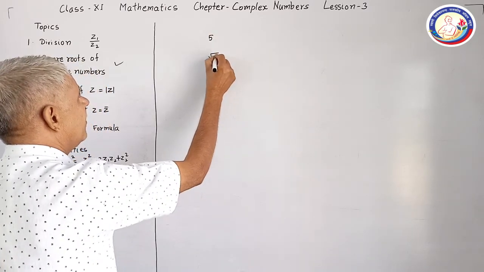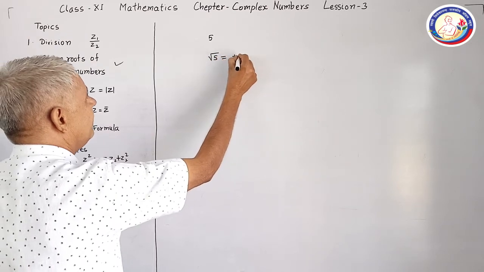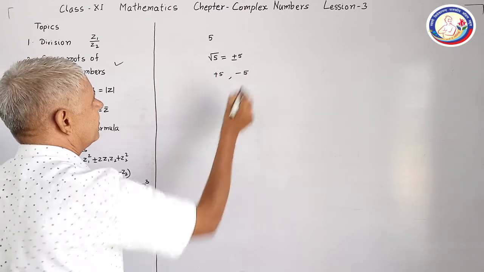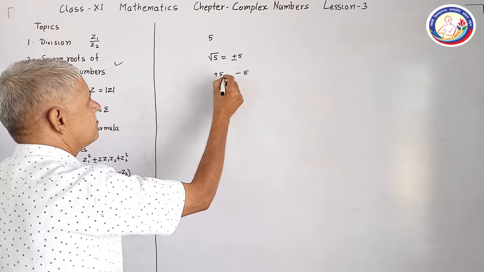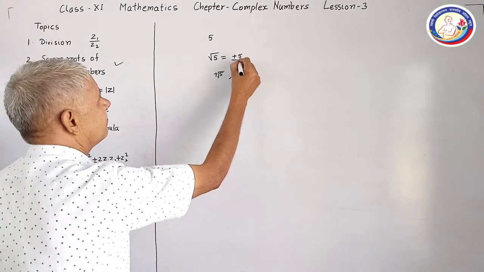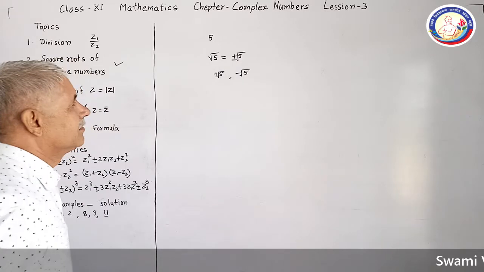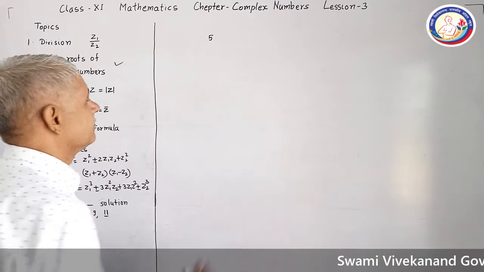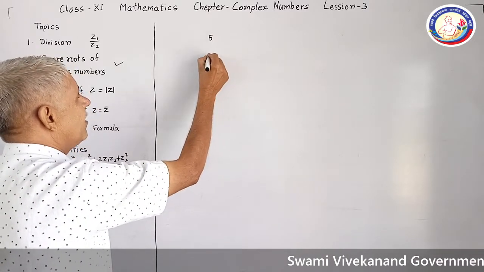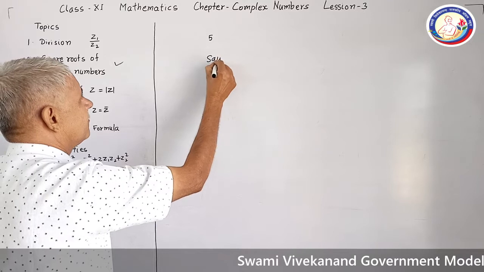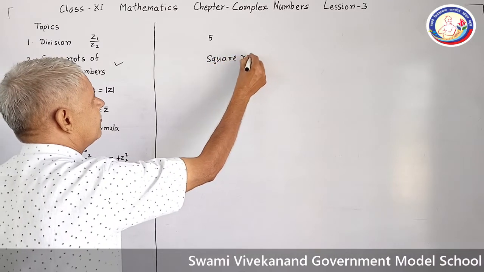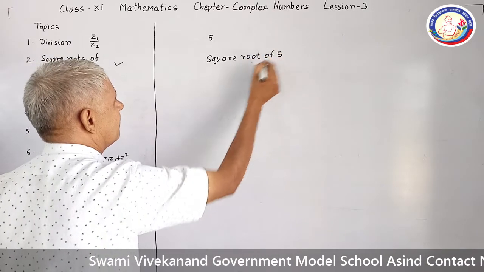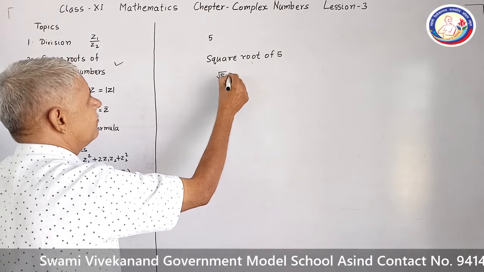The square root of 5 will be plus and minus root 5. Its values are plus and minus root 5, because this is not a perfect square.